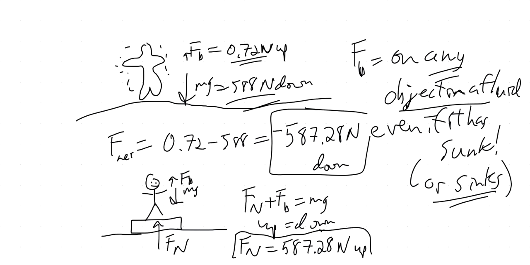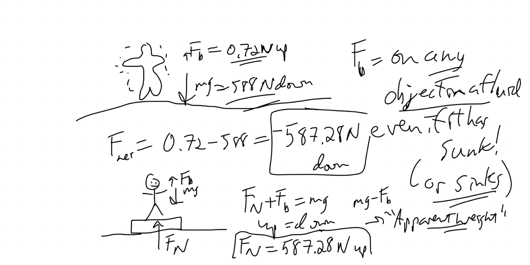Meaning you actually weigh a little less. This is called apparent weight. Your apparent weight is actually a little less because your apparent weight is mg minus Fb.